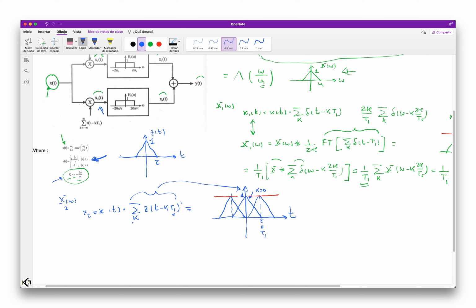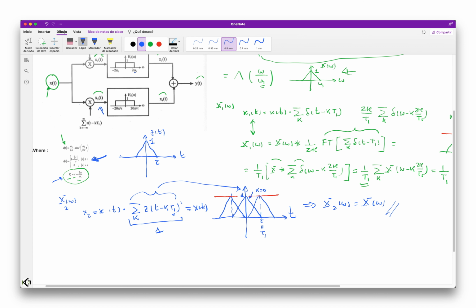In this case, this is a constant 1, so it means that x2 of omega is exactly the same as x of omega, which was this triangle function. That's what we have in x2.